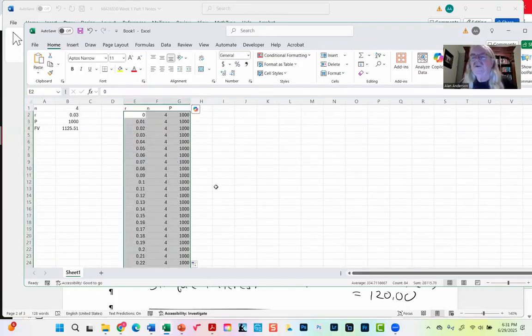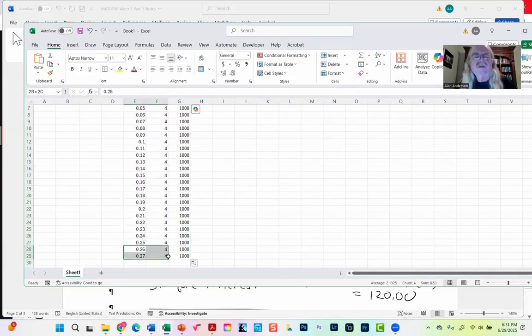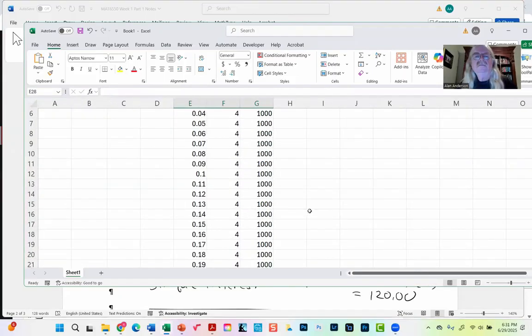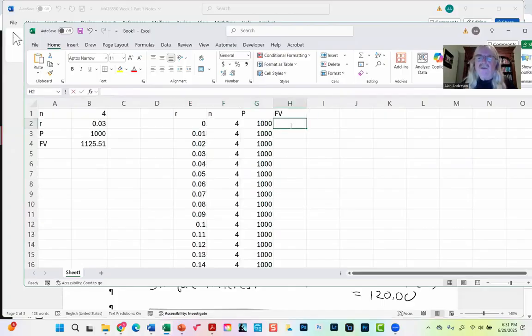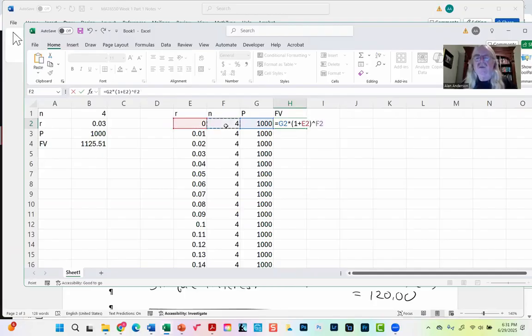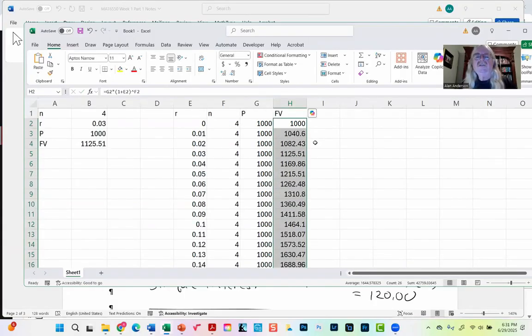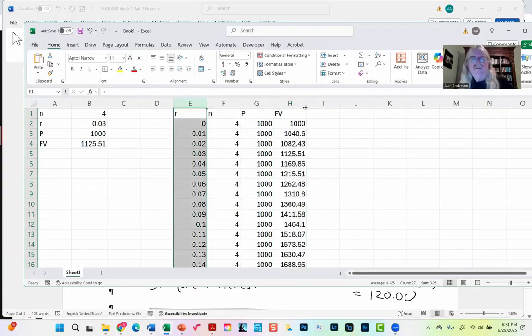All right, it goes all the way up to 27. We don't really need that much. Let's stop it at 25%. And so I'll use that formula, equals P times 1 plus the rate of interest raised to the n power. And so what I'm going to do now is insert a graph.